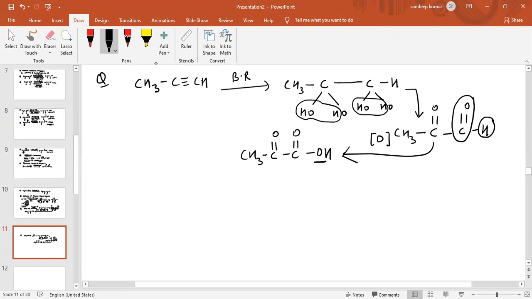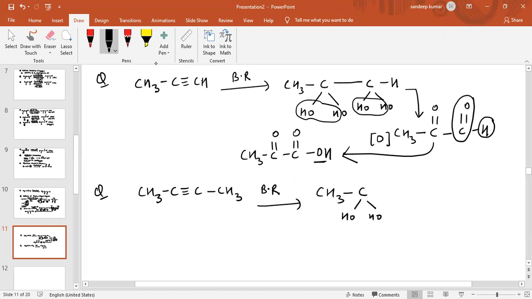Now see the next question based on the same reaction. If the compound is given like this, CH3 C triple bond C CH3, and we use Bayer's reagent, see what happens. On each carbon atom 2 OH groups will be present like this.